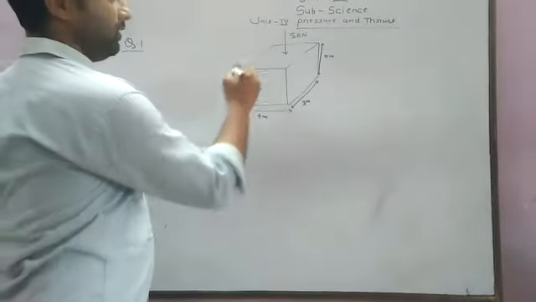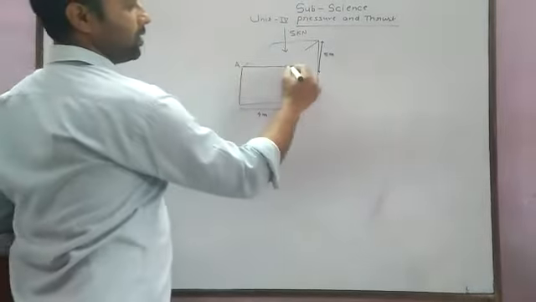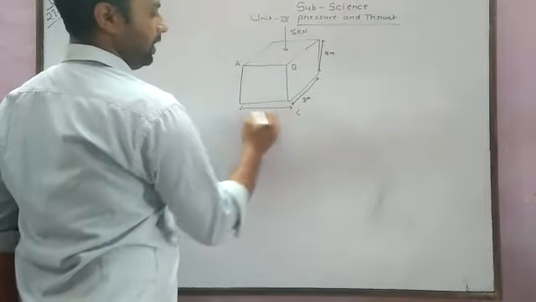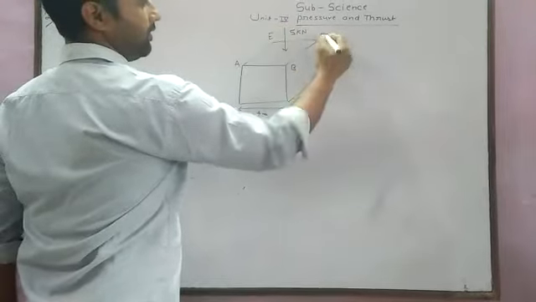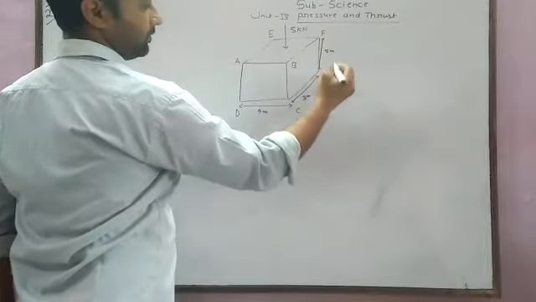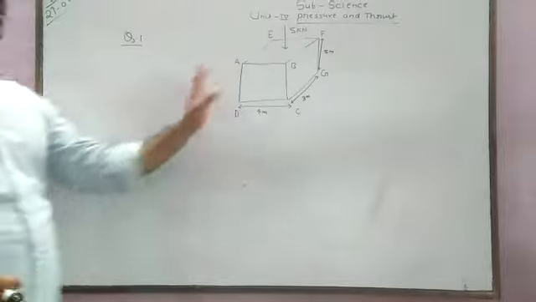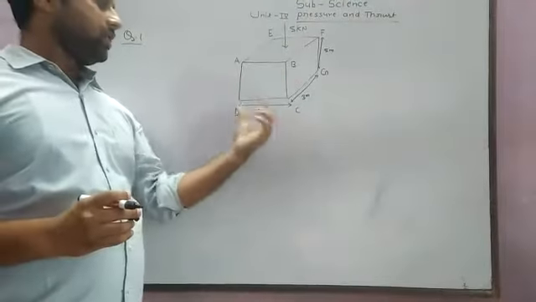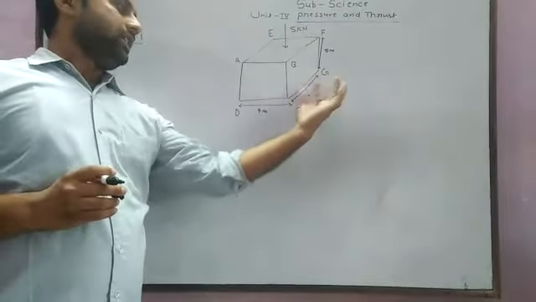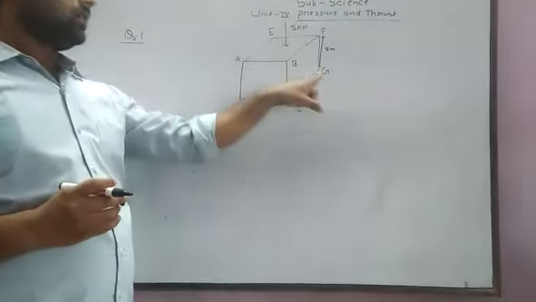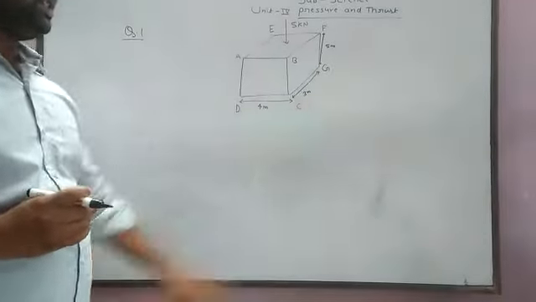If we are given a block A, B, C, D, E, F, G. This is a block and the dimensions are also given. BC is 4 meter, CG is 3 meter, and FG is 5 meter.